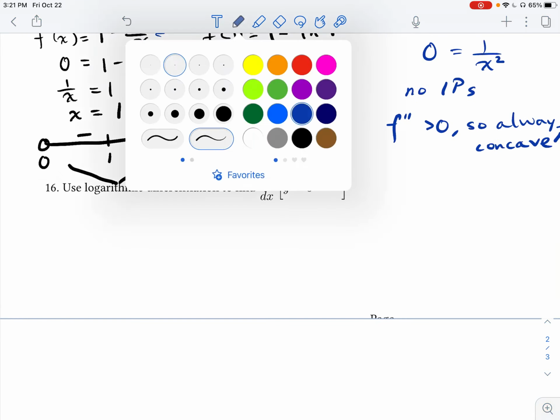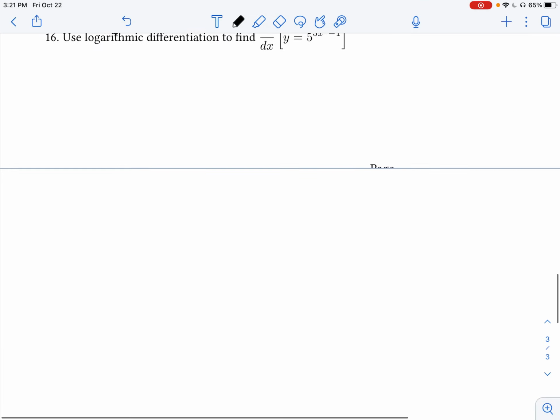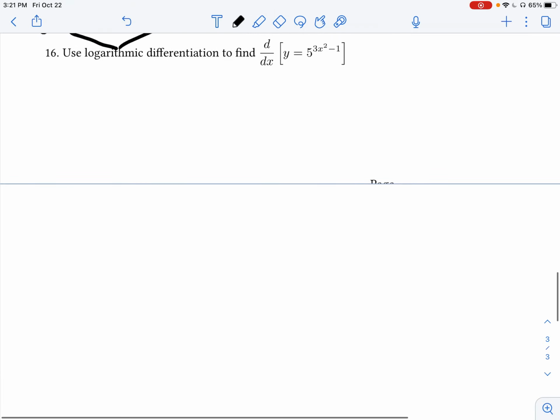Let's take a look at this last one. It's just another practice problem of logarithmic differentiation. So we're going to take the natural log of both sides. This allows me to rewrite this as such.